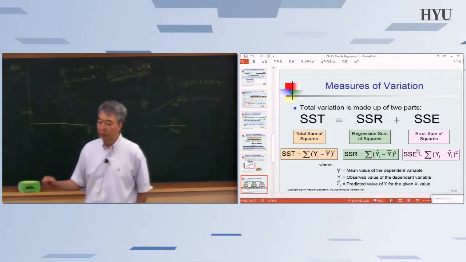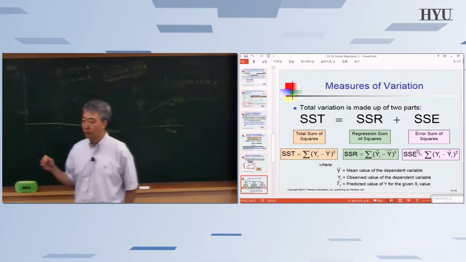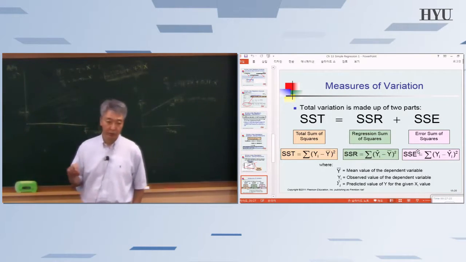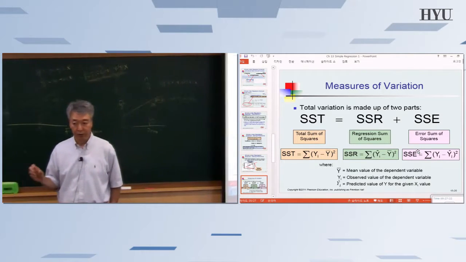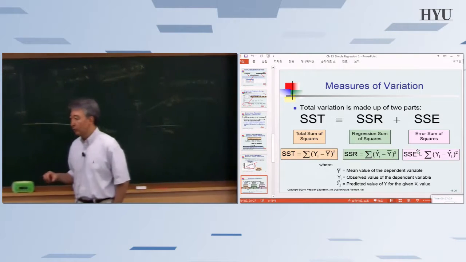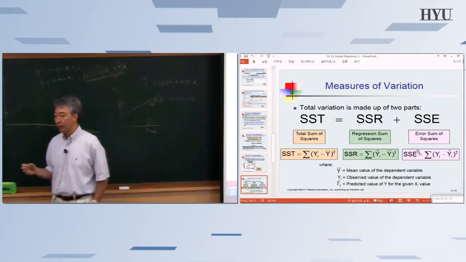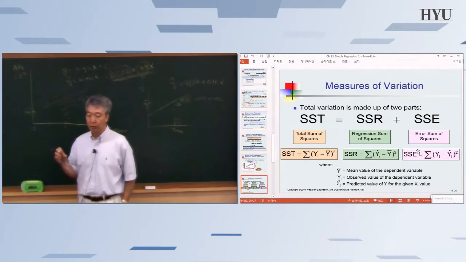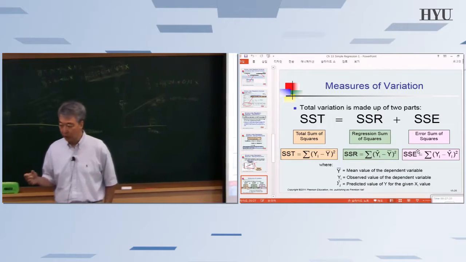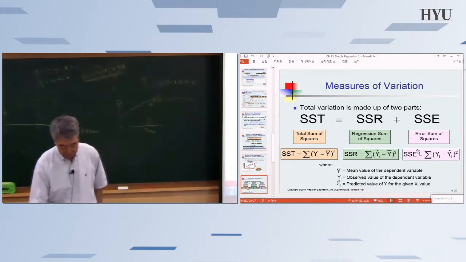Because if you just simply add up all the deviations, some are negative, some are positive, so negative deviation will cancel out the positive deviation. So if you just add them up, you're not going to have an accurate measure of the total error you are committing. So in order to avoid that problem, we square each deviation and add them up.